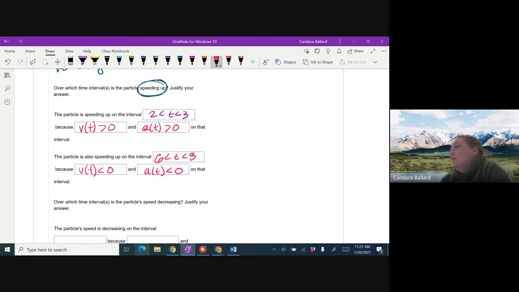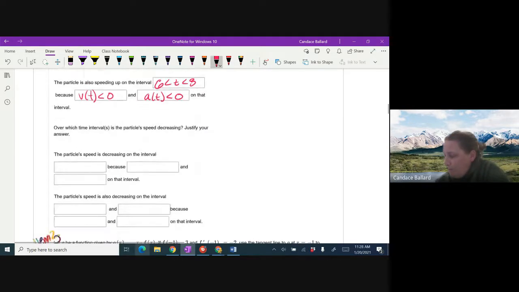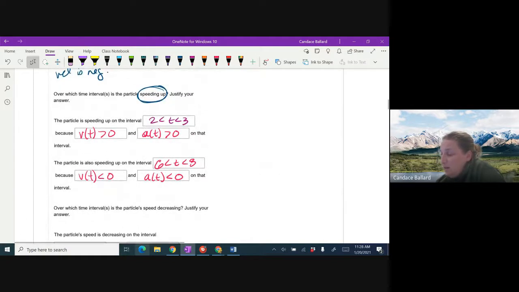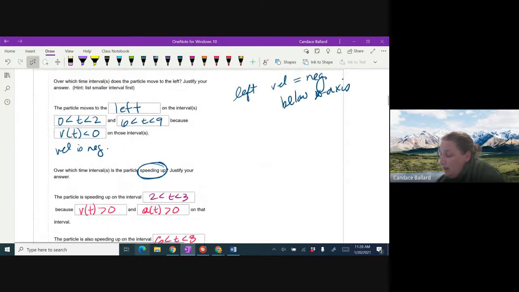Okay, so again, a lot of it is just learning the notation. And I'm going to guess that's where we were getting tripped up on. Okay, and again, I did 2 of these because there were probably 2 different reasons. Okay, so over which time intervals is the speed decreasing? So I did an increasing, now we got to talk about decreasing.